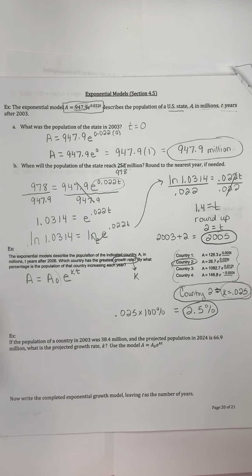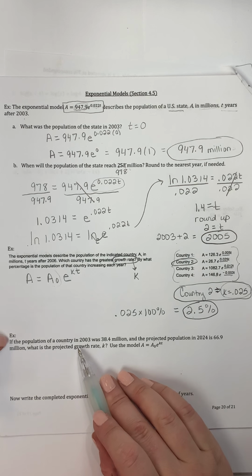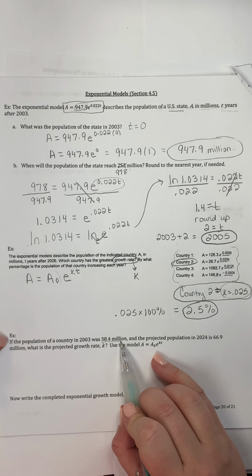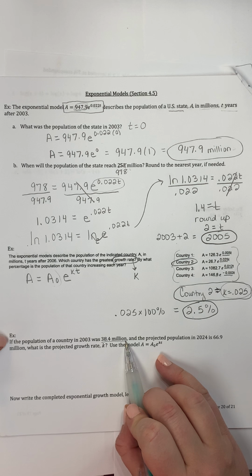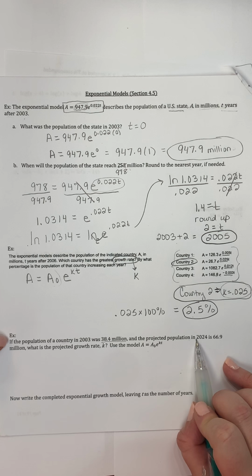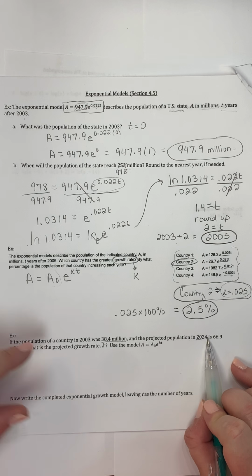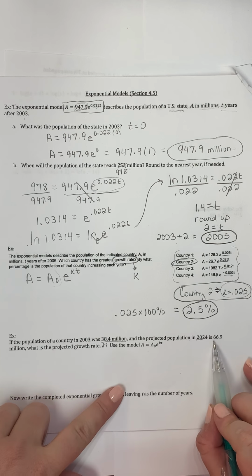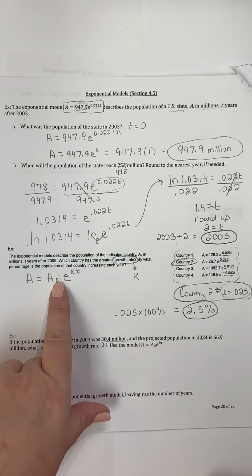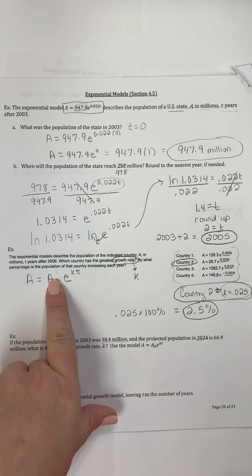Okay, here we go. Third example. If the population of a country in 2003 was 38.4 million, and the projected population in 2024, that's a big difference in time, is 66.9 million, what is the projected growth rate K? Okay, so it gives us the same model that we were talking about, right?